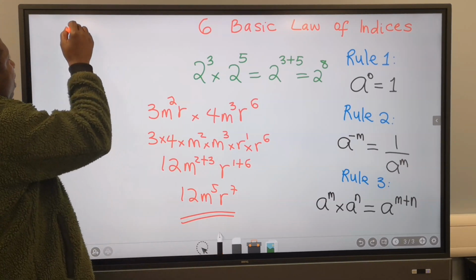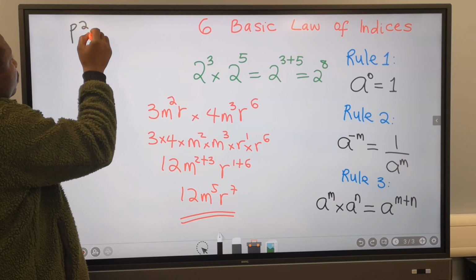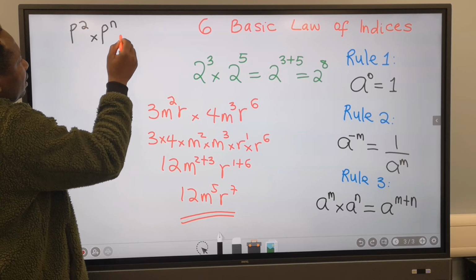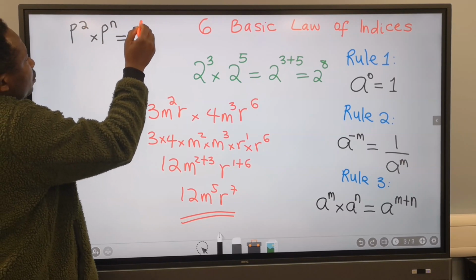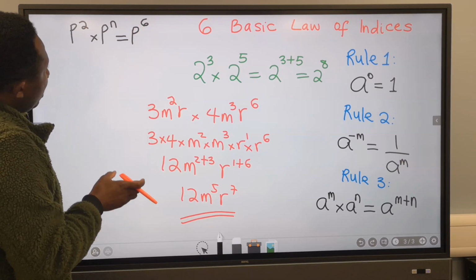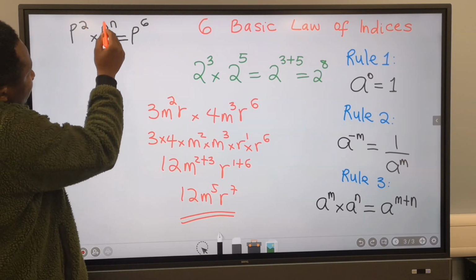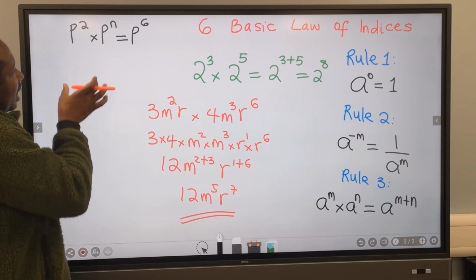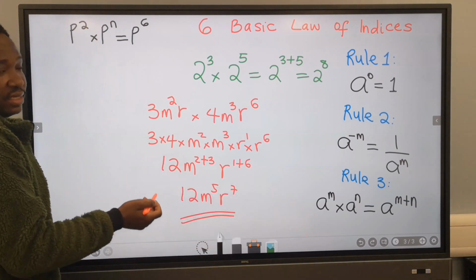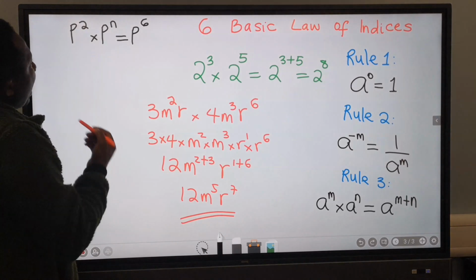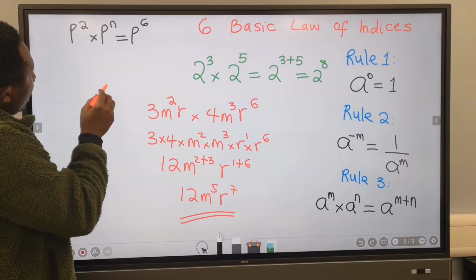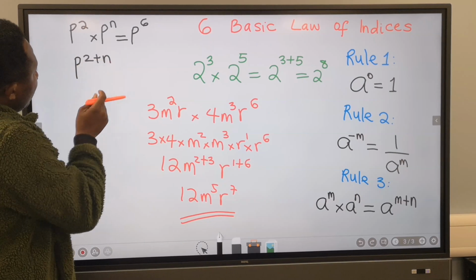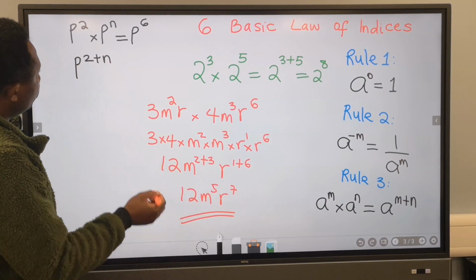Also, if I have p to the power of 2 multiplied by p to the power of n equal to p to the power of 6, and I want to find n. What is n in this equation? I will apply the law of indices because these two are the same. And I'm going to have p to the power of 2 plus n according to the third rule.